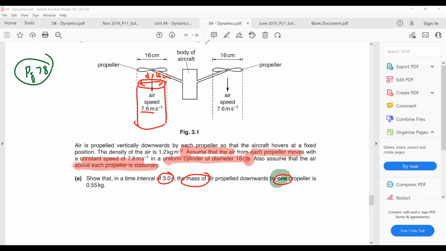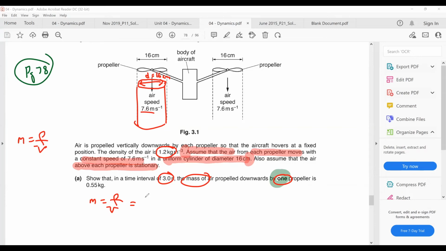So what you can do is that you do something like this. You want mass, you have information for density here. Now mass is rho times volume.